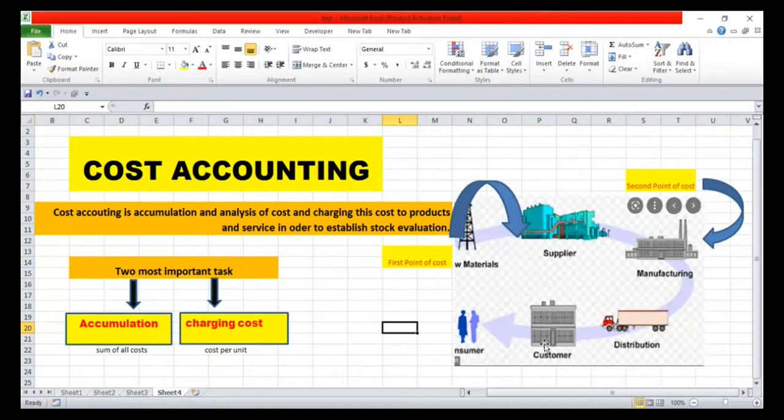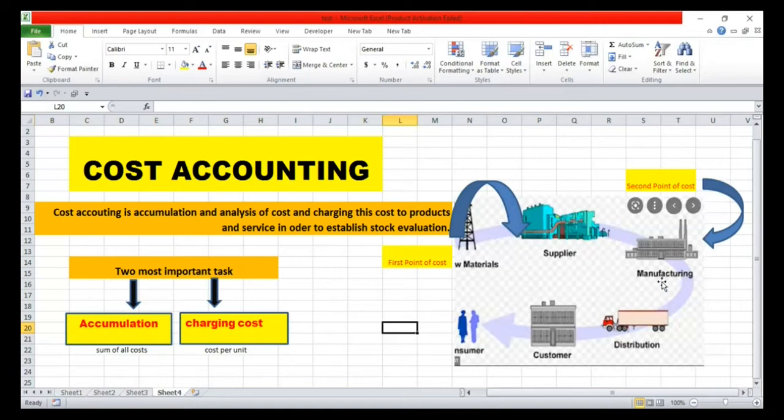For making products, we require raw material and we purchase it from our supplier. This is called cost of material. Then when this material reaches our manufacturing area or factory, we need people who convert that raw material into finished goods. We pay for their services, and this is called labor cost.